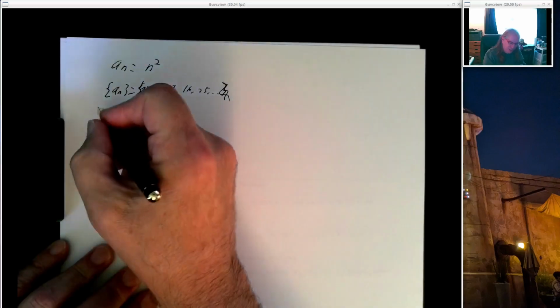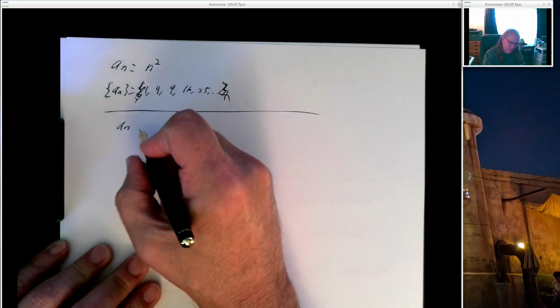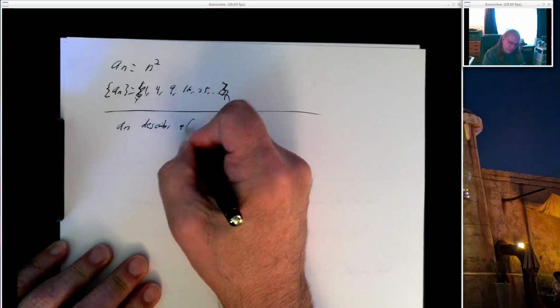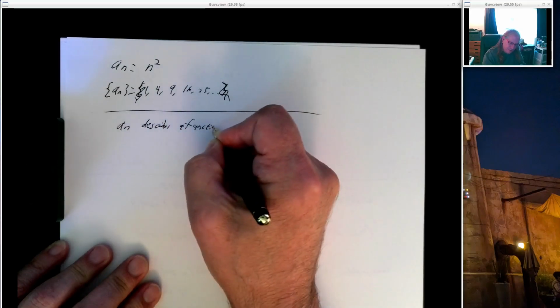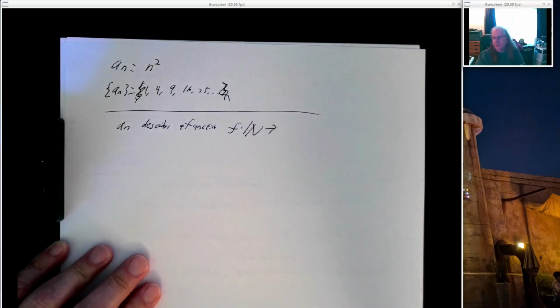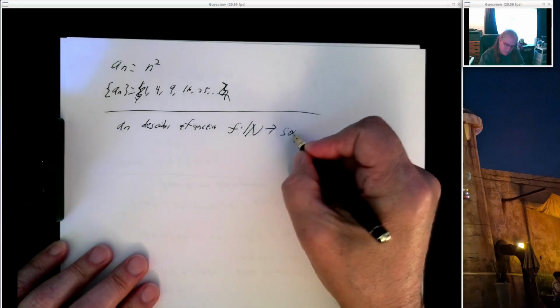All right, and we can think of sequences as functions. So this might describe a function from the natural numbers to some codomain.